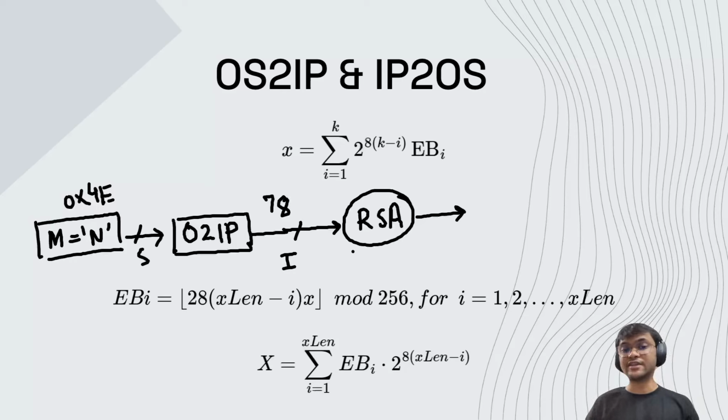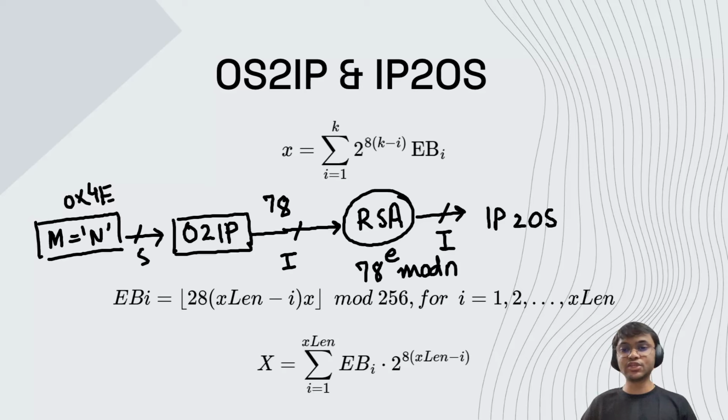Now, RSA needs numbers to work on, so it will compute 78 raised to e, the public exponent that we choose, mod n. We'll go through the expressions in a while. Now, it produces a ciphertext which is also an integer. This integer ciphertext is fed to a function called I2OSP, which is integer to octet string primitive.